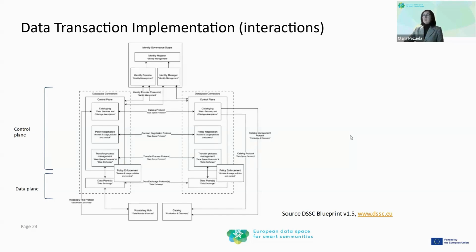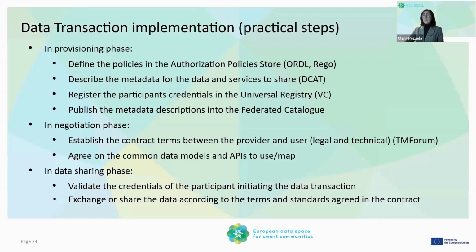You can find this with more details in the DSSC blueprint, where it's described as an introduction of the technical building blocks. And finally, if you want to make this concrete in practical steps, during the provisioning phase, you need to define the policies in the Authorization Policies Store, normally using ODRL implemented through RICO.